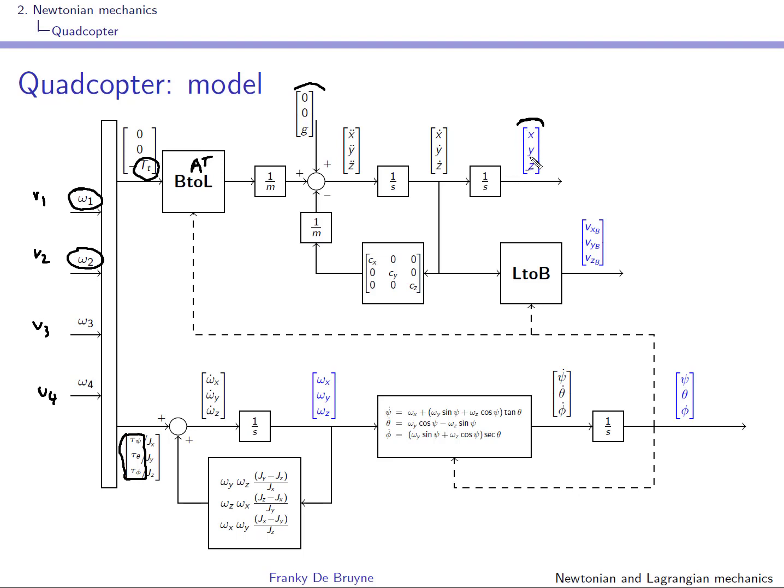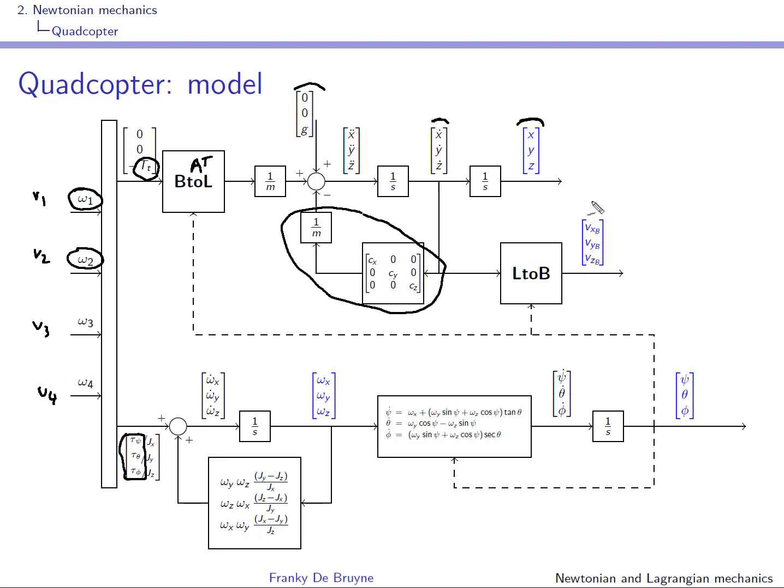What you see here in blue are the states of your system. This is the little part with the aerodynamical effects, and this is the speed, but in the inertial frame.